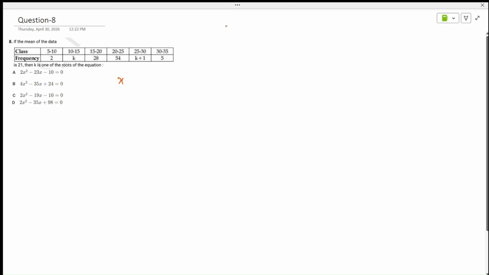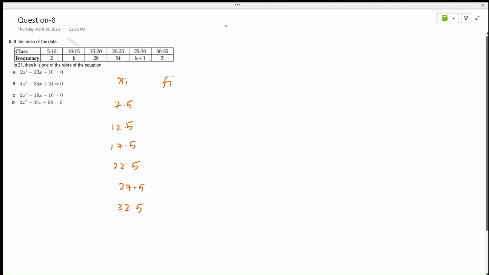Let us write the values of xi, fi. Xi is the class mark of this class. So for 5 to 10, the class mark would be 7.5, and 12.5, 17.5, 22.5, 27.5, and 32.5.